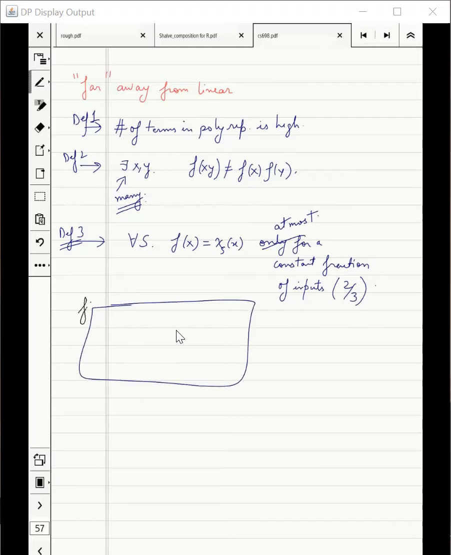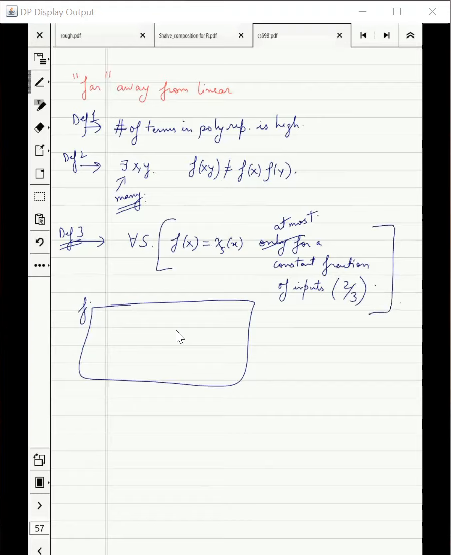Wait, just a second. Are you saying this for all s? Yes. If f is equal to just one particular chi-s-naught(x), then why are we expecting it to be equal to all chi-s(x)? Sorry, the for all s is over this.